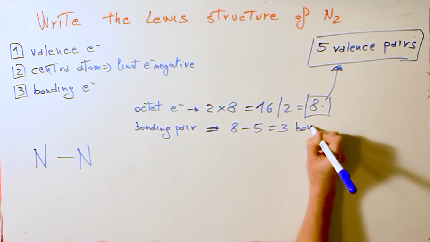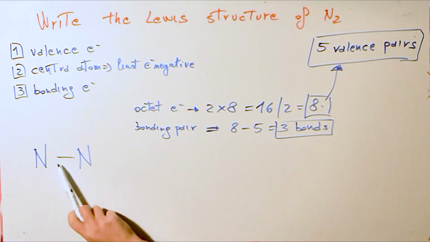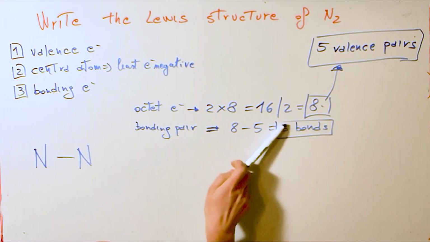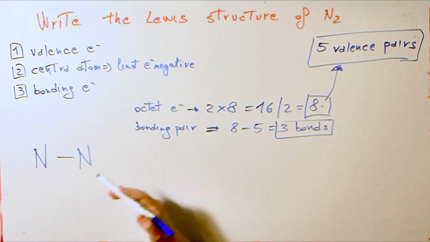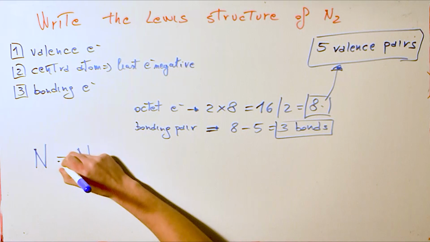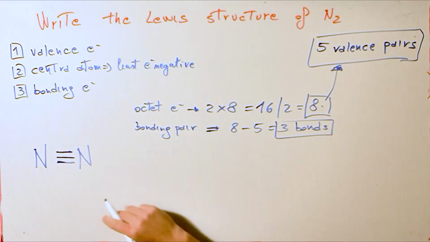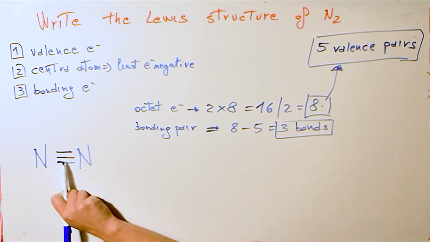So this means that we will have 3 bonds in this molecule. One bond we have already settled. So we need to settle other 2 bonds. Where we can write these 2 bonds? We can write them here between these. Again, we don't have other options, so we have to put it here without doubts. So this is a triple bond.